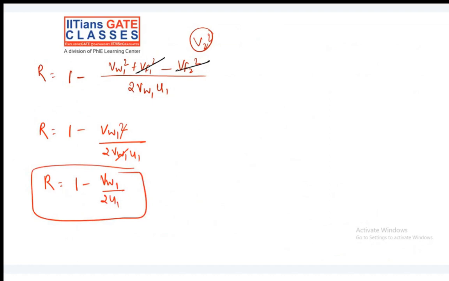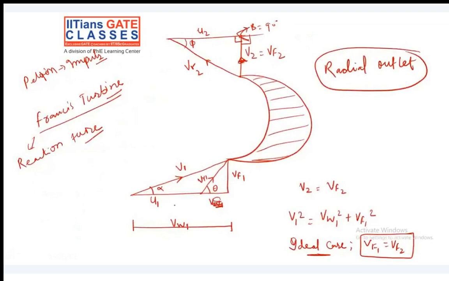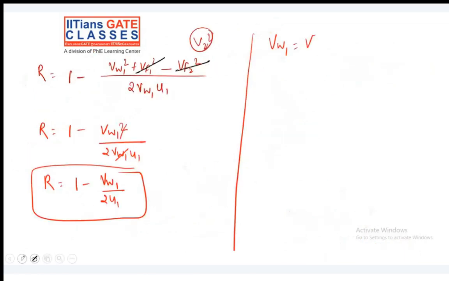In other terms, let us see a few more things about it. Have we seen that vw1 is equal to vf1 cot alpha? Vw1 is v1 cos alpha, and vf1 is v1 sin alpha.